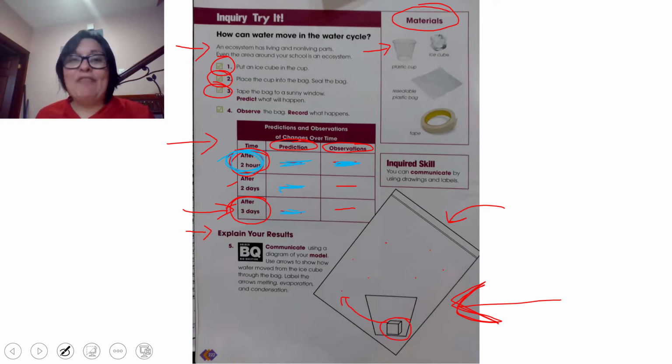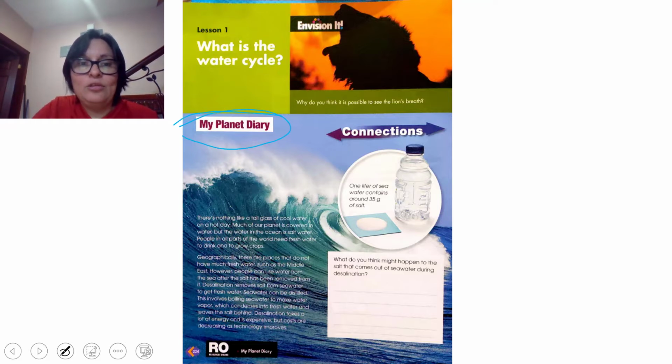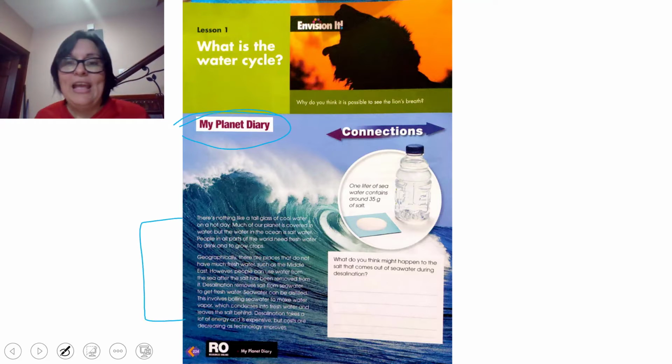Okay, so after doing this, let's go to page 224. What you are going to do in here is you are going to read my planet diary. You are going to read what you have in here, and then you are going to answer this question of here. I will read the question.